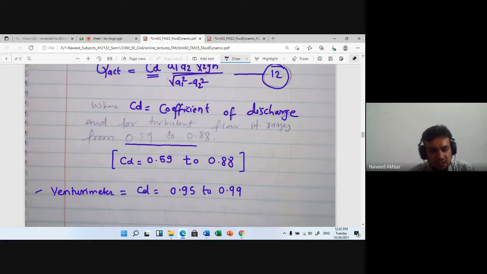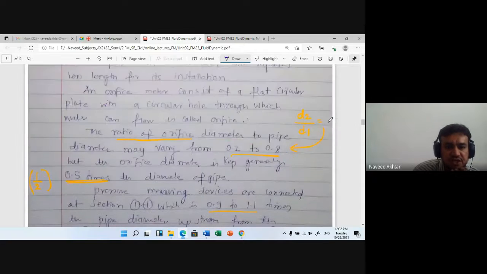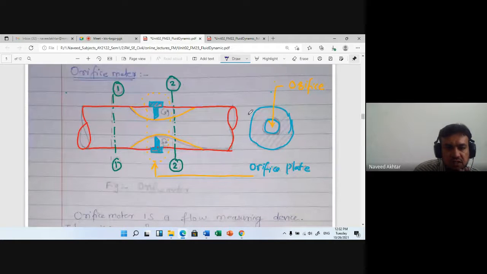So this is nothing but the construction of an orifice meter. We only have to insert a simple orifice plate having a hole of about half the diameter of the pipe, and the hole is called the orifice. That's why this measuring device is called an orifice meter.